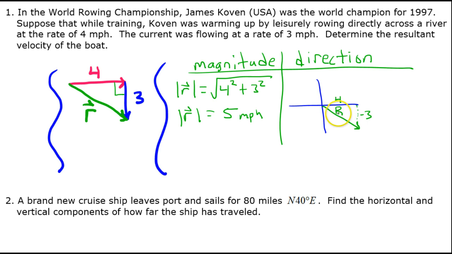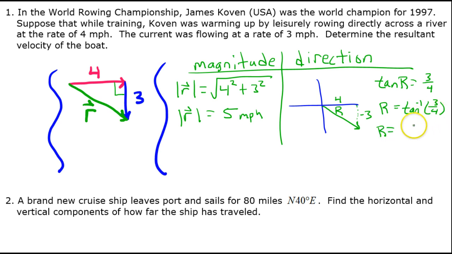We could find the measure of angle r using tangent. The tangent of r should equal -3/4. I'm just going to put 3/4 because I'm just interested in the positive value of r. So I'm going to ignore this negative sign. So the tangent of r is 3/4.